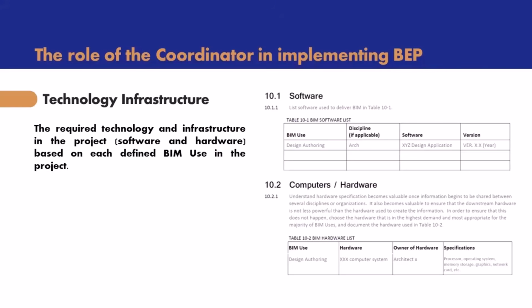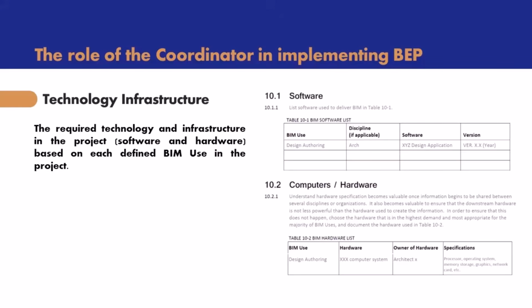Or for example, a BIM coordinator suggests we use a specific software for any BIM use that we have. Well, then it informs the BIM manager about this, and if it is necessary, its BEP will be updated.